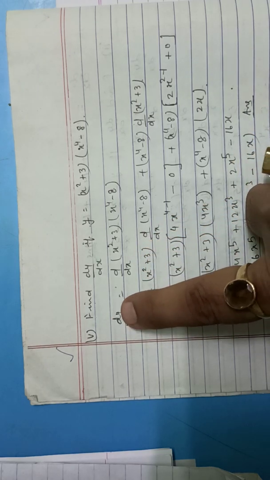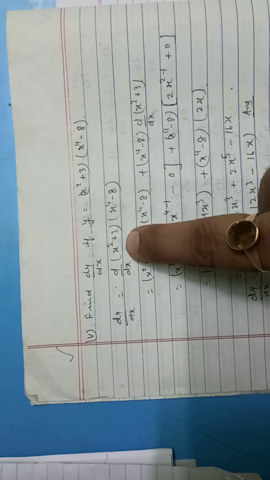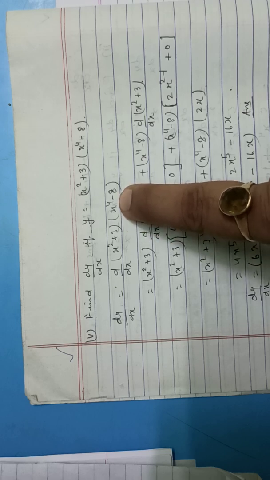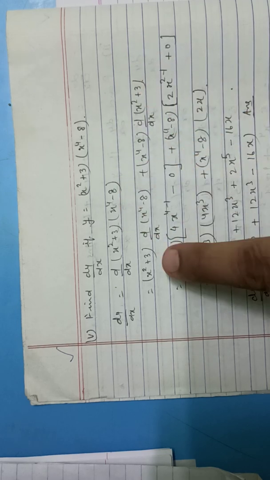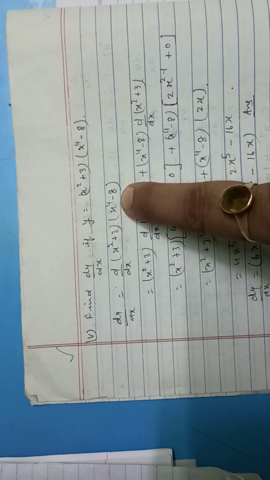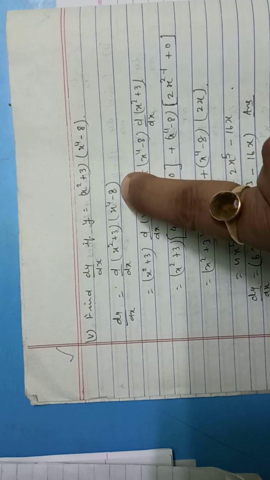Therefore dy by dx is equal to d by dx of (x square plus 3) into (x to the power 4 minus 8). Now this one term we assume is u, and this one term is v.